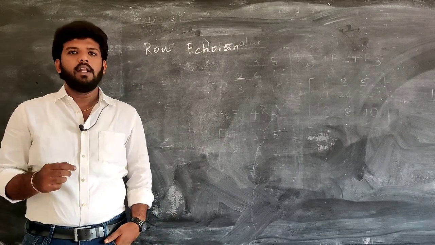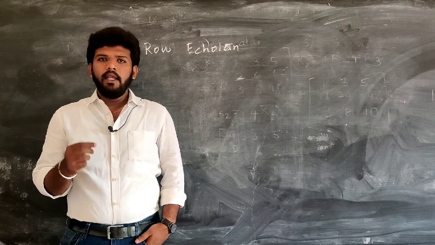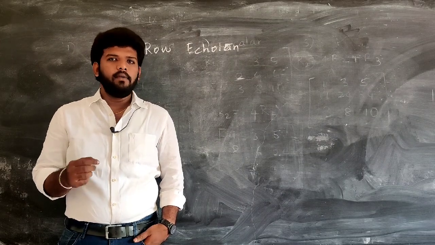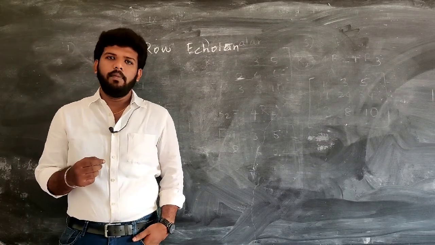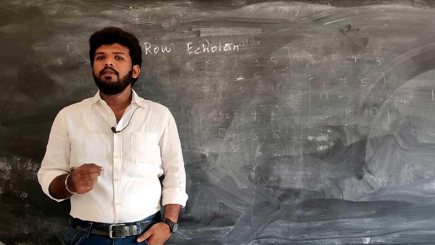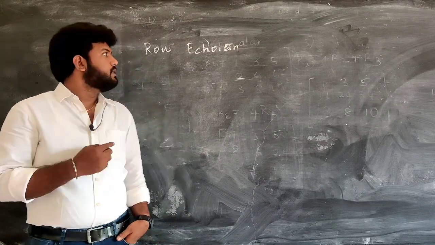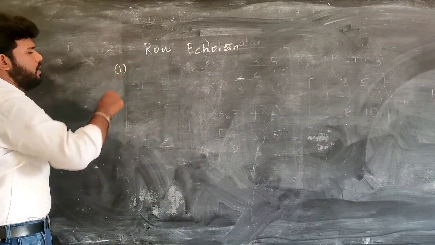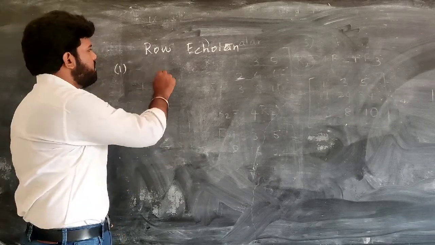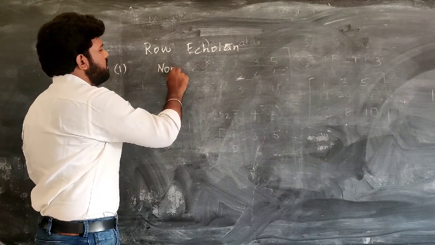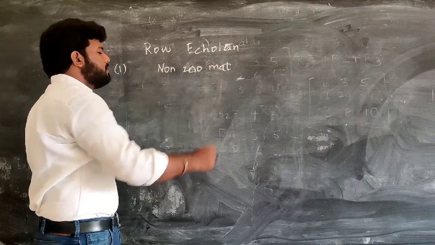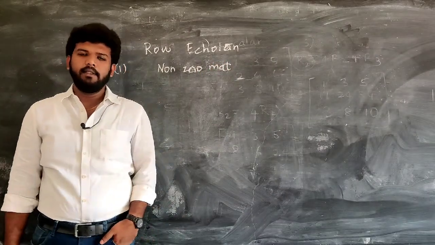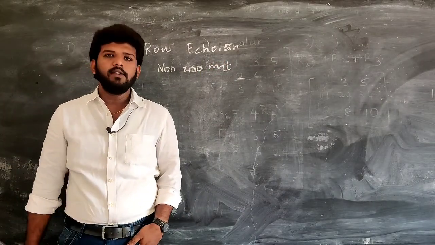If any one number in any one row is a non-zero number, that is called a non-zero matrix. So the first condition for row echelon form is that it must be a non-zero matrix.